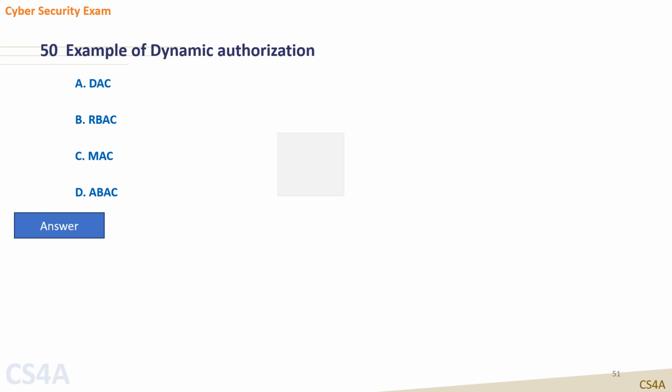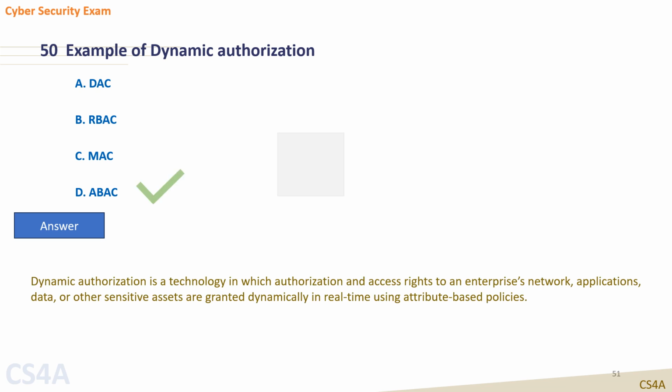But in dynamic authorization, sometimes it may allow, sometimes it may not. So which one satisfies this condition? Either DAC, RBAC, MAC, or attribute based access control. The dynamic authorization example is attribute based access control, because it uses the network device location and time of access, and the attributes of that entity. So ABAC is called dynamic authorization.